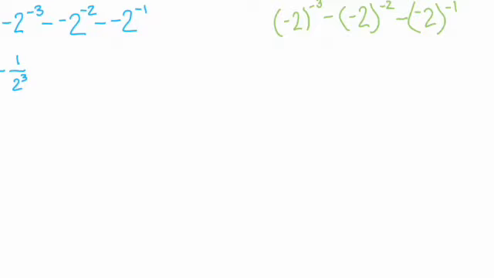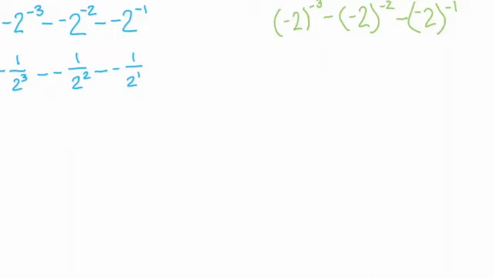So that negative 3 exponent is what's making this go into the denominator. Then we're going to subtract the opposite of 1 over 2 squared. And then we're going to subtract the opposite of 1 over 2 to the first power.